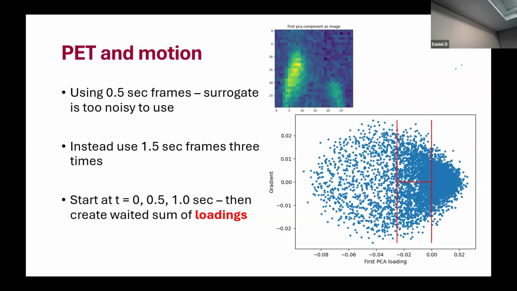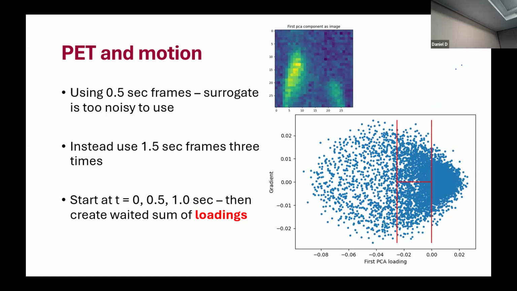So what I did instead was break the data up into 1.5 second long frames, and do that 3 times, offset by half a second from each other. Then you do your PCA, you create your loadings, and then you can do a weighted sum. The thinking is the same as for a quadrant photodiode, if anyone's familiar with that technology.